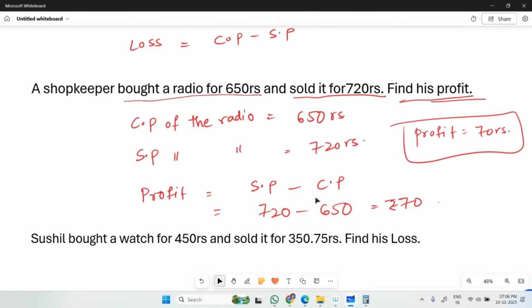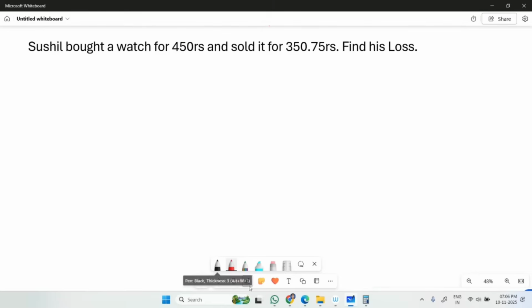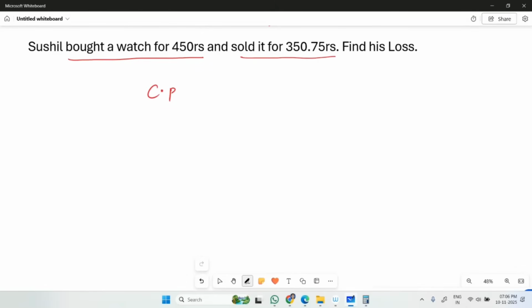Okay, let's see another question. Sushil bought a watch for 450 rupees and sold it for 350 rupees 75 paise. Find his loss. Here the cost price is 450 rupees and the selling price is 350 rupees 75 paise. If you observe, selling price is lesser than cost price.